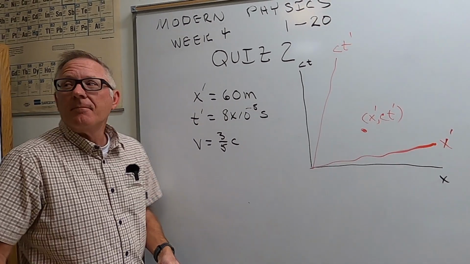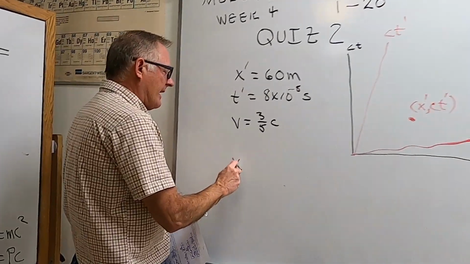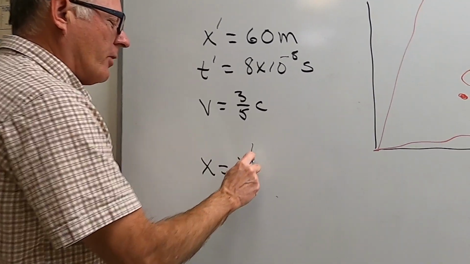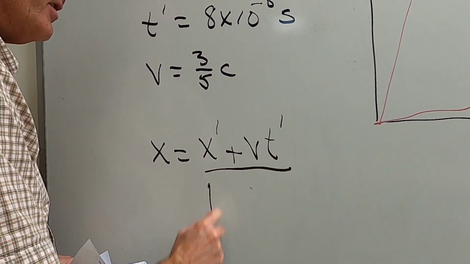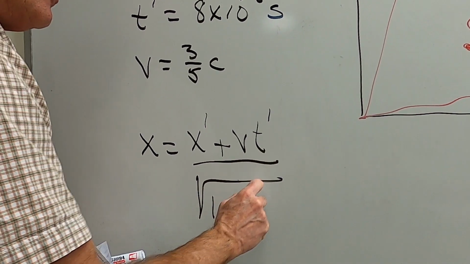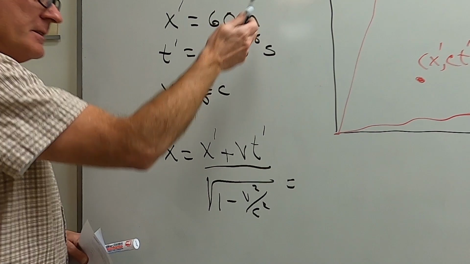And so we just come back over here, use these formulas right here, and we can say x is equal to x prime plus vt prime all over the square root of 1 minus v squared over c squared.